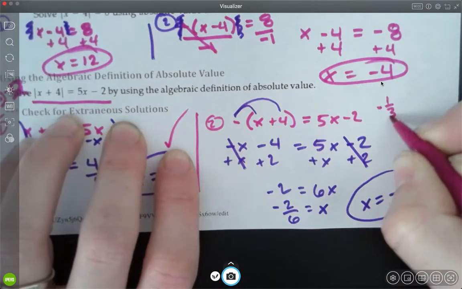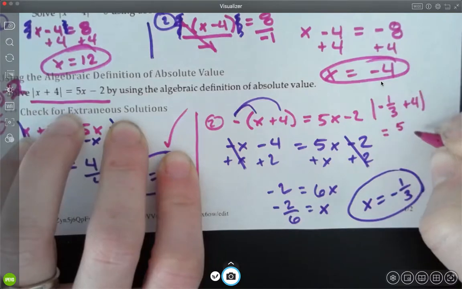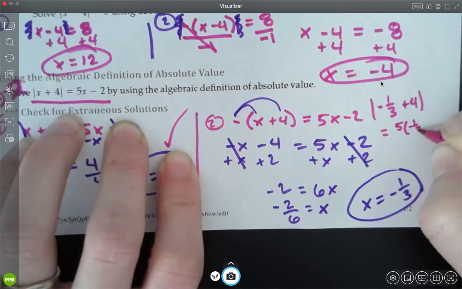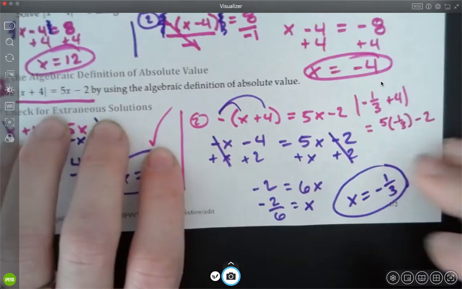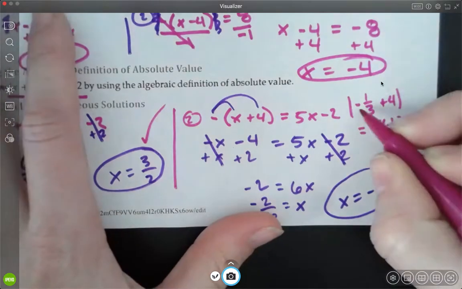Negative 1/3 plus 4 absolute value equals 5 times negative 1/3 minus 2. Just wait, it's an error. I'm going to show you right now. What's negative 1/3 plus 4? 3 and 2/3.